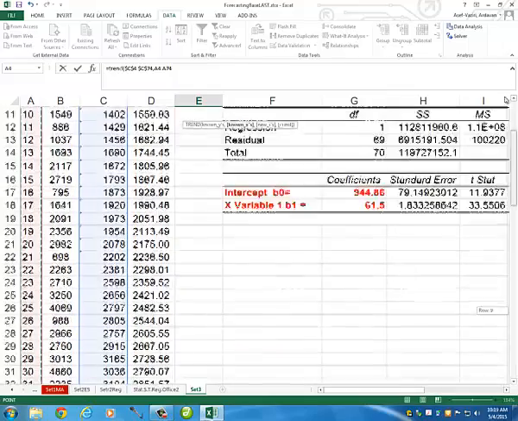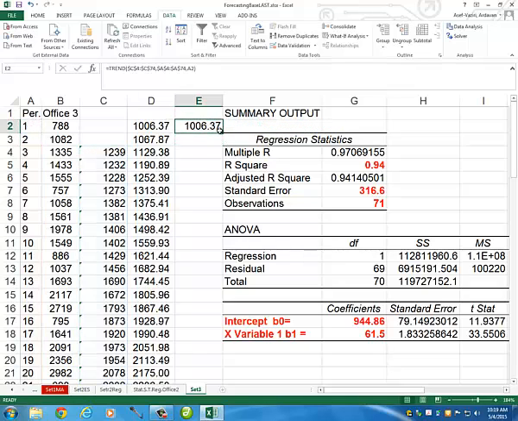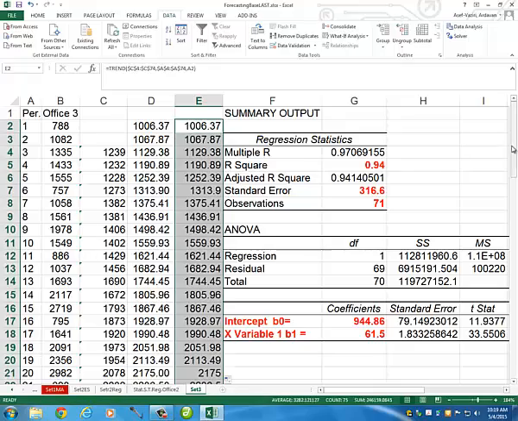Okay, and lock it because we are going to copy down. It says what is your known x. It is here. Enter, and then I copy it down.